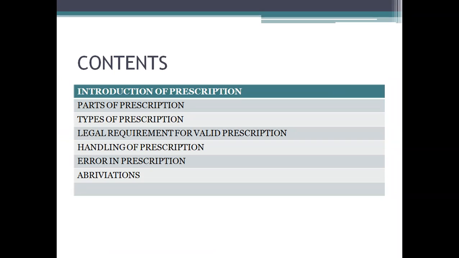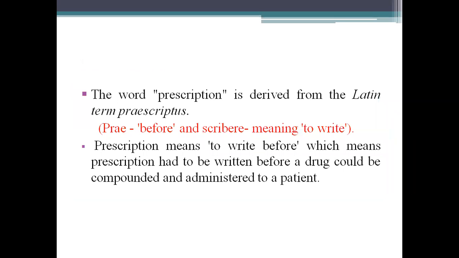In that, we have finished introduction, parts of prescription, types of prescriptions, legal requirements for valid prescriptions, and handling of prescriptions, and abbreviations also we have finished in the last lectures. Okay, and in today's topic we are going to finish errors in prescription, that we are going to discuss on this point in this chapter. But as the slides go on, you just revise whatever we have explained regarding the prescription.